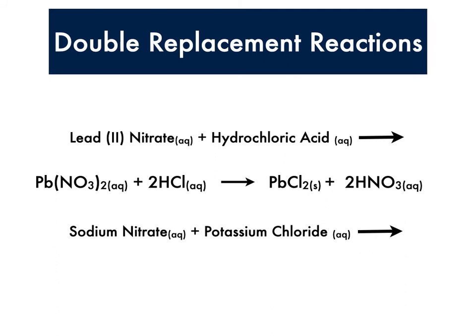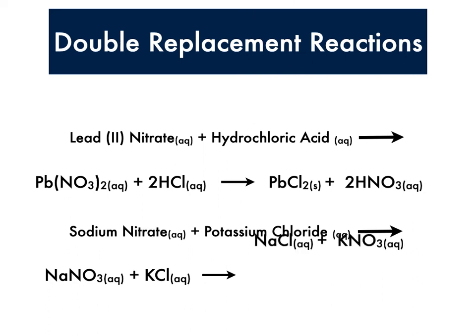Okay, if you paused to try and take a look at that, let's look at the reactants first. Sodium nitrate, sodium is 1+, nitrate is 1-. Potassium chloride, potassium is 1+, chloride is 1-. Those are both AQ. If we look at our solubility table, we're going to find that both sodium chloride and potassium nitrate are also aqueous.